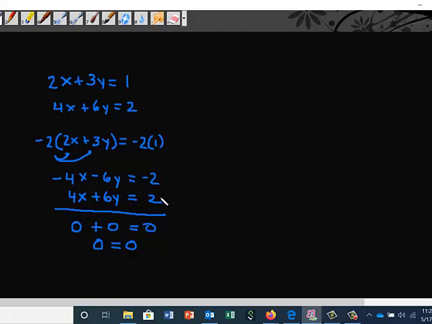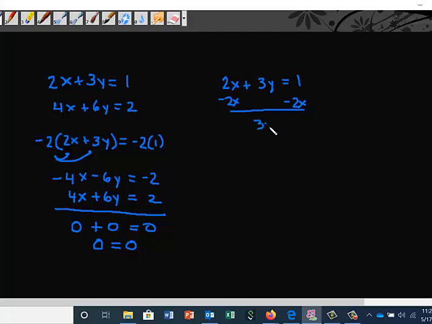Because if you actually simplify this, meaning if I take these two equations and put them into slope-intercept form, I'm going to take 2x plus 3y is equal to 1. And here I'm going to subtract, take negative 2x to both sides, and then solve for y.